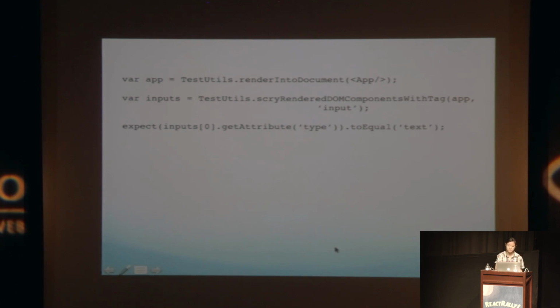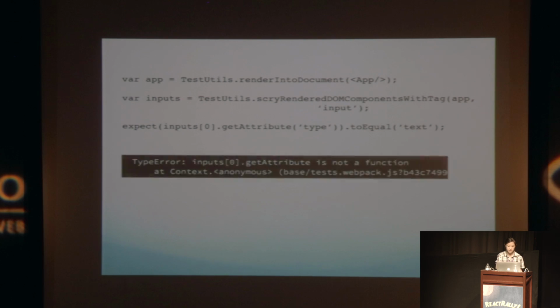So you do something like this, which seems pretty reasonable. But then you get this error, which is .getAttribute is not a function. So now you start wondering if there's something wrong with the input field, or something wrong only with your first input field.